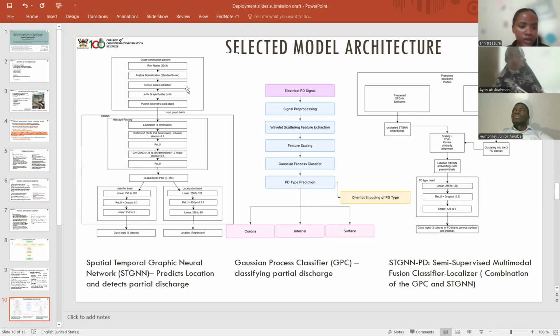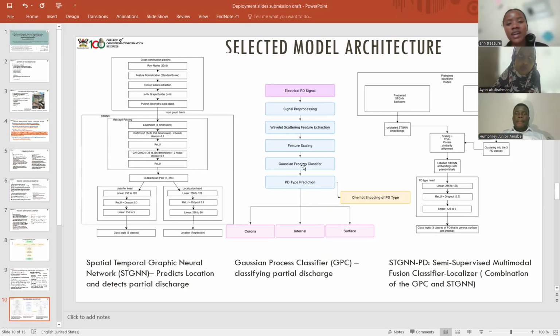We then pass it through attention layers in order to pay attention to the most important features. From there, we had two heads: a classifier head that would detect white noise, partial discharge, or chaps, and a localization head that was able to detect where a particular signal is coming from.